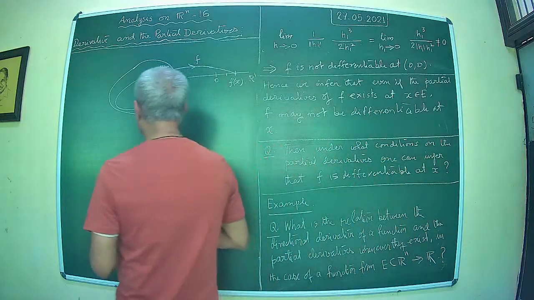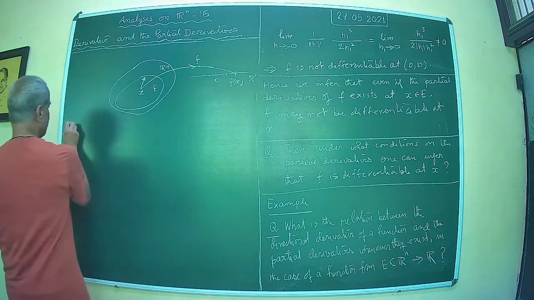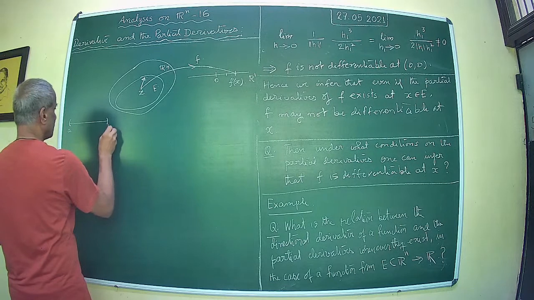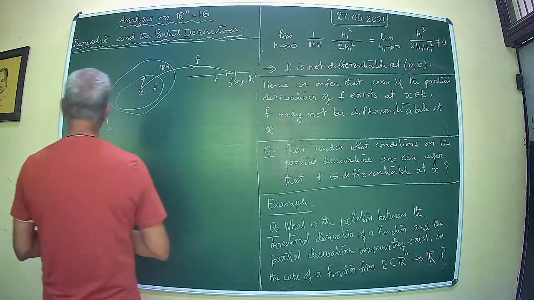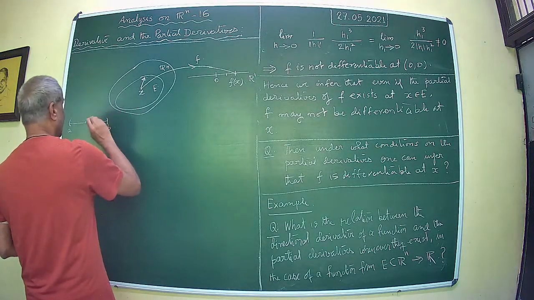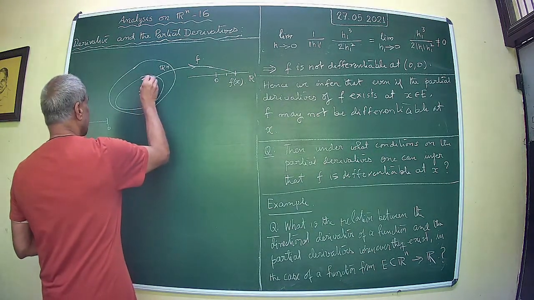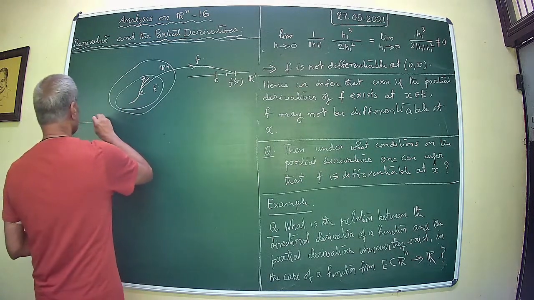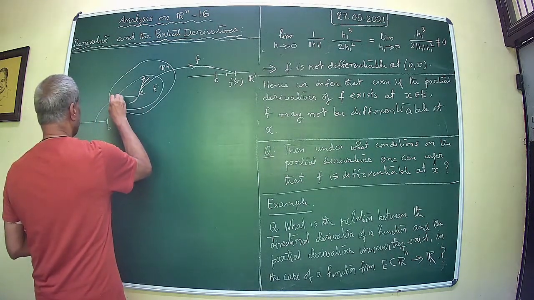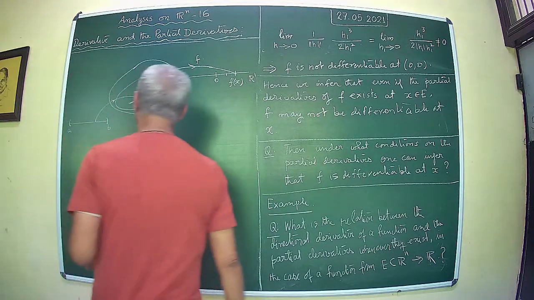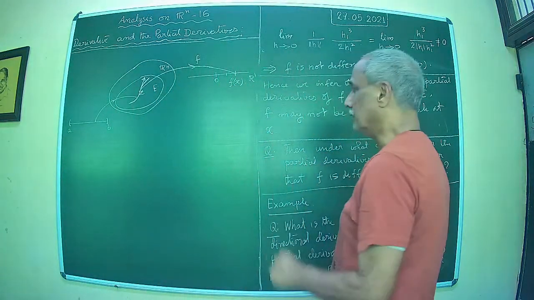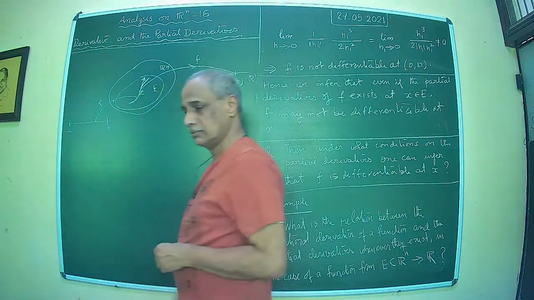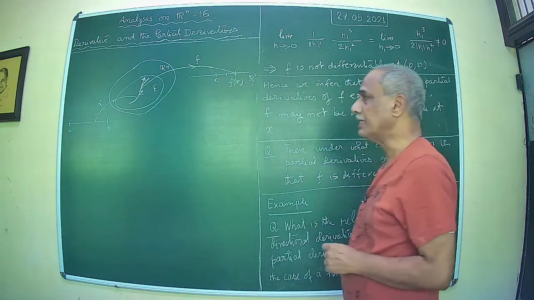You introduce a map from some interval of R1 and define a map gamma from the interval AB to E. Gamma is differentiable.